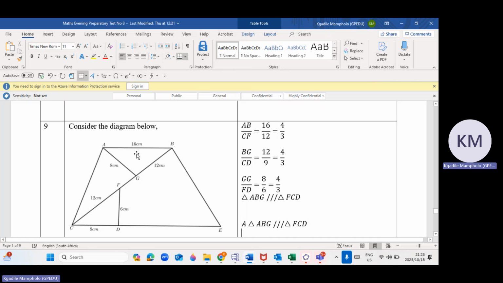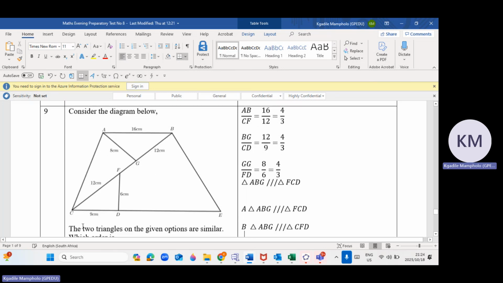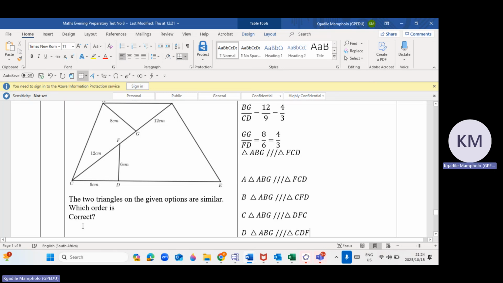Remember, AG is opposite to angle B, then FD is opposite to C, so angle B equals angle C. Now the question is, the two triangles are similar, which order given in the options is correct?